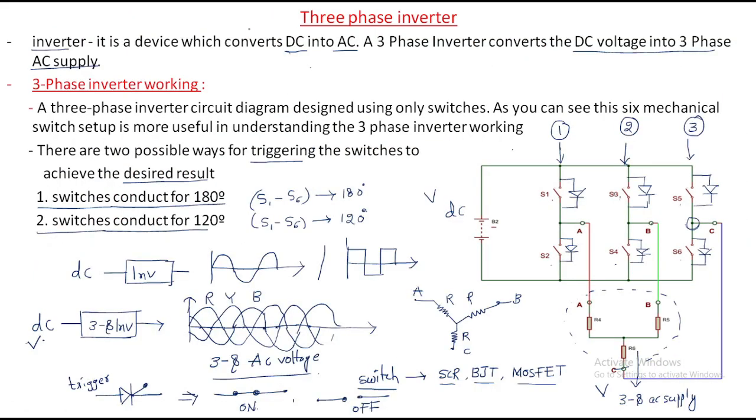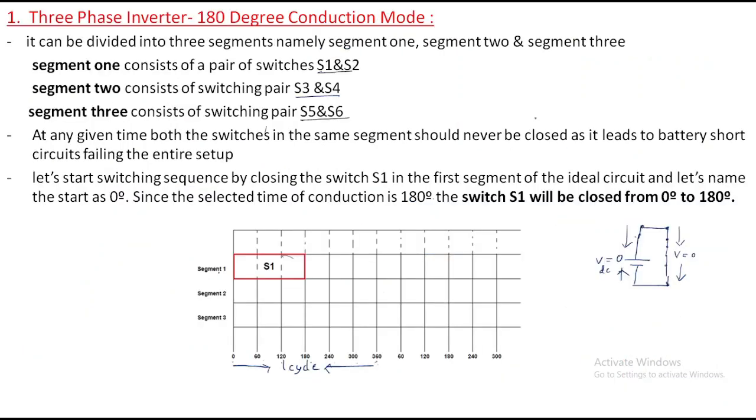After closing the S1 switch, we can turn on the S2 switch. After closing the S3 switch, you can turn on the S4 switch. After closing the S5 switch, you will turn on the S6 switch. But never turn on the switches at a time. The reason we already discussed.